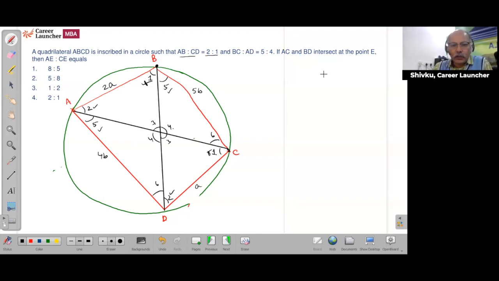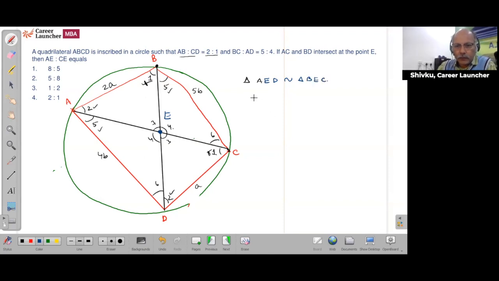So now you see that the combination of angles are equal. Then we have similar triangles. What are the similar triangles? Triangle A, this point we know is E. Let me call this as E. Triangle AED is similar to triangle BEC.